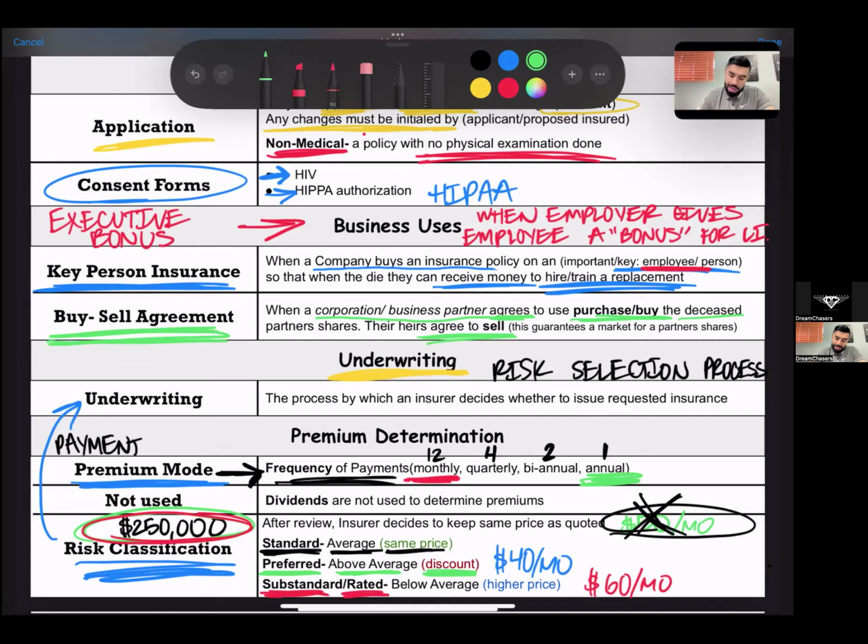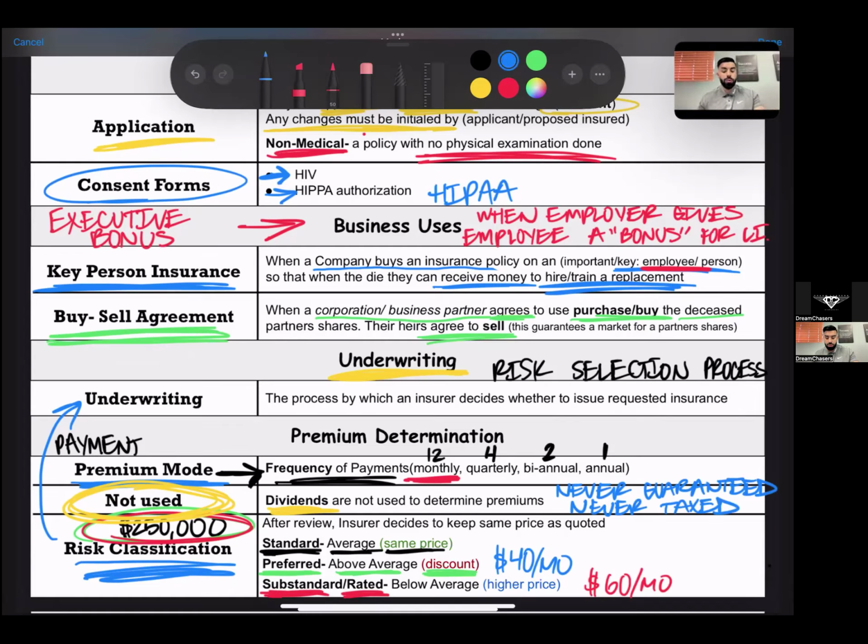Okay. And then lastly, finishing up here, what is not used to calculate your premium is a dividend. A dividend is not used to determine premiums. Why? And if you remember this, this is going to help you tremendously, it is because a dividend is never guaranteed, and a dividend is never taxed.